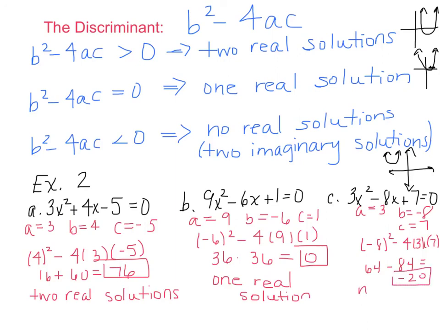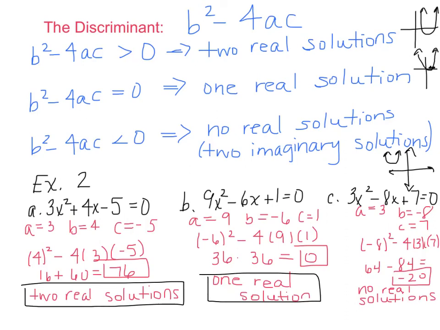This one will have no real solutions. Or you can always say 2 imaginary solutions. And that's the discriminant.